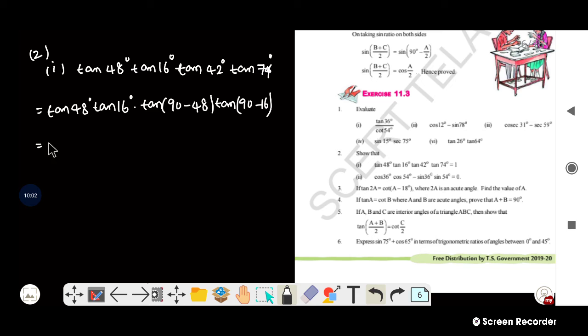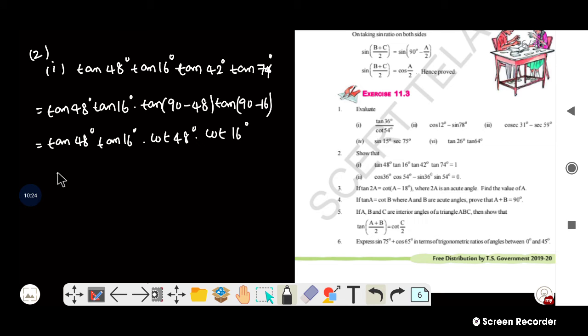So this is tan 48, tan 16. So what is that? Cot, we already know this one, tan 90 minus theta is cot theta, and cot 16.